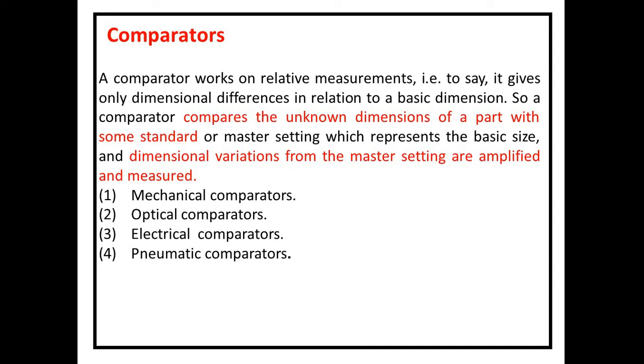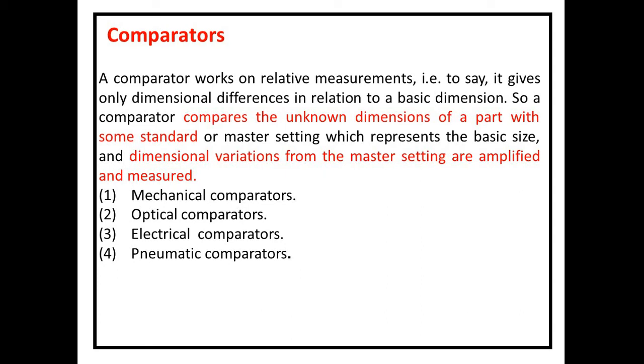The basic dimension may be a standard dimension against which you are going to compare the actual dimensions. A comparator compares the unknown dimensions of a part with some standard or master setting which represents the basic size, and dimensional variations from this master setting are amplified, or magnified, and measured.